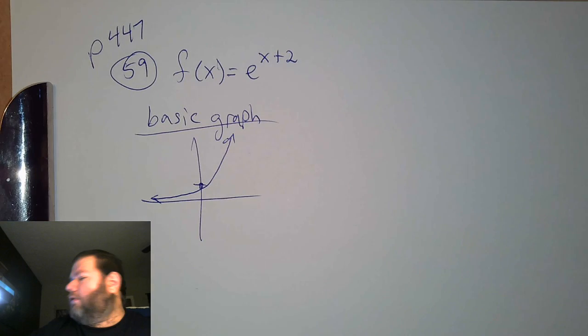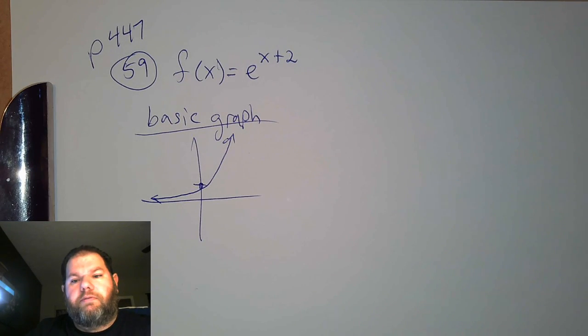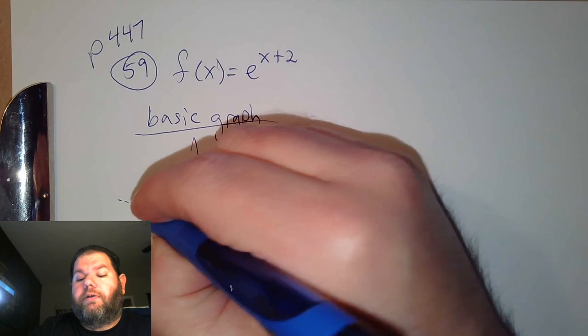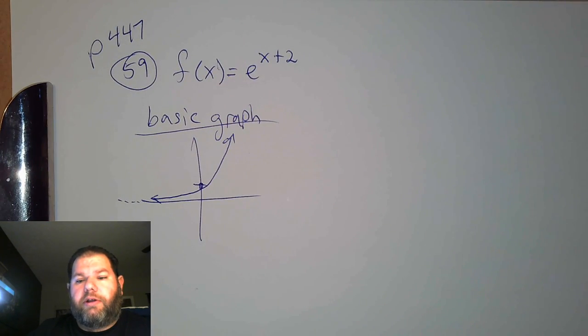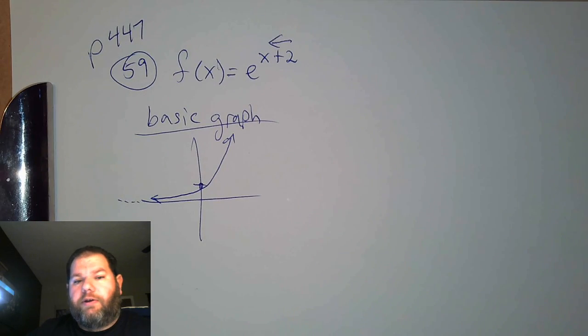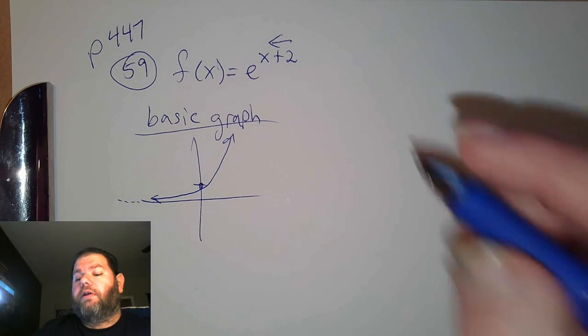And it's just an increasing curve to the right, and on the left it's converging towards the horizontal asymptote. All we're doing here is taking that graph and shifting it 2 places to the left.